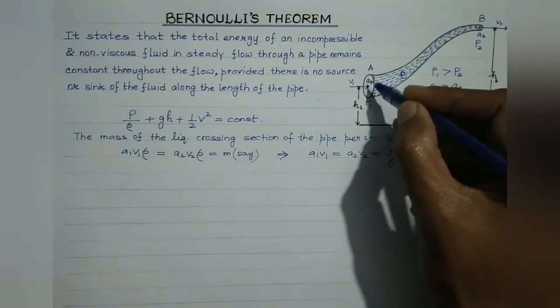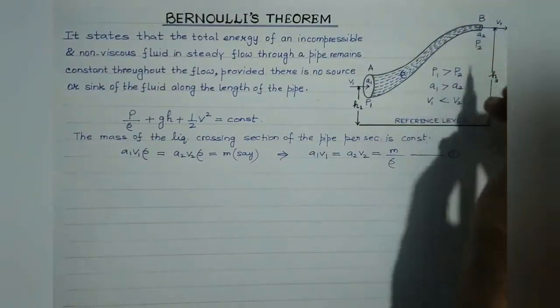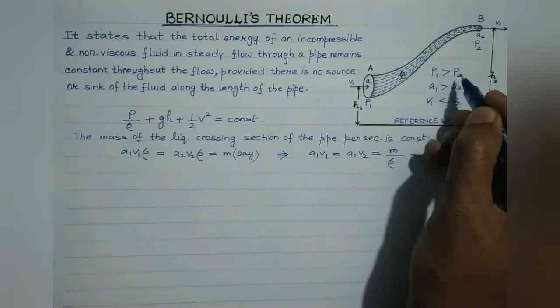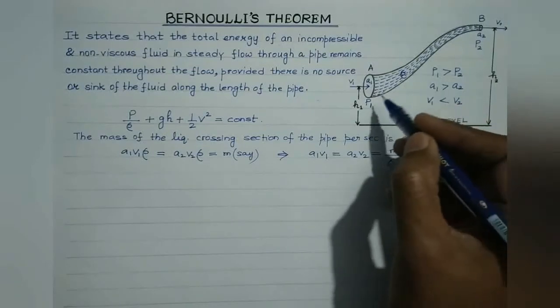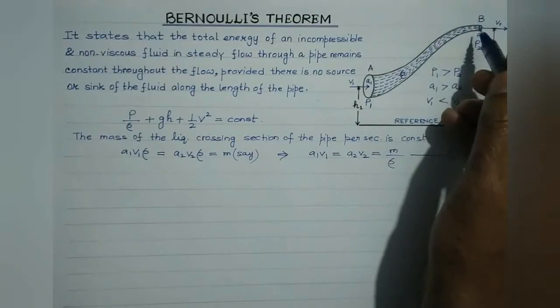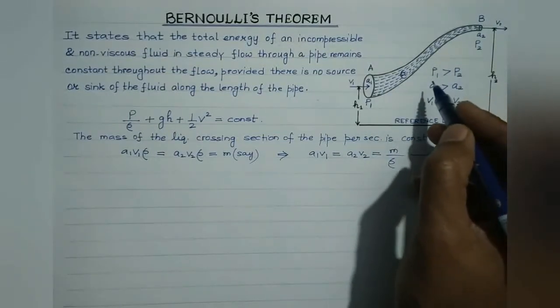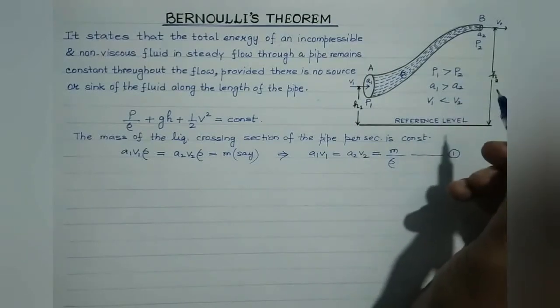So the liquid flows from A to B under the influence of the pressure difference P1 minus P2. Clear, students? So the liquid moves from end A to end B under the action of the pressure difference P1 minus P2.